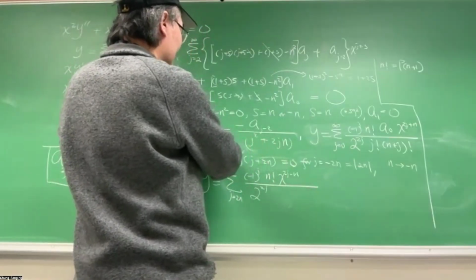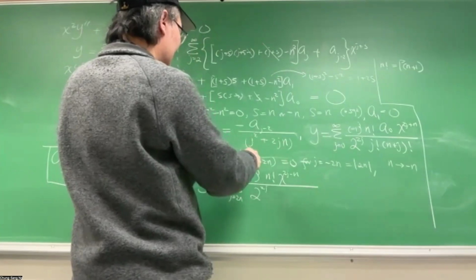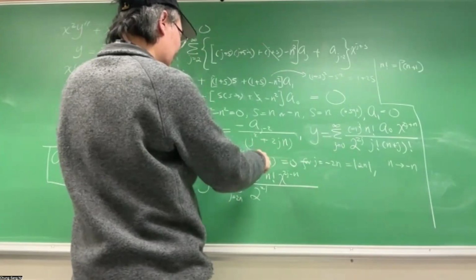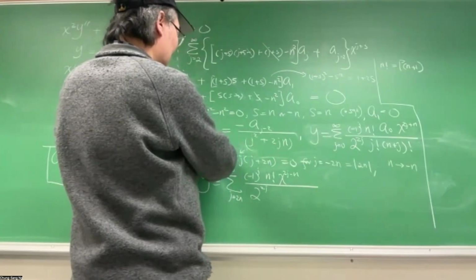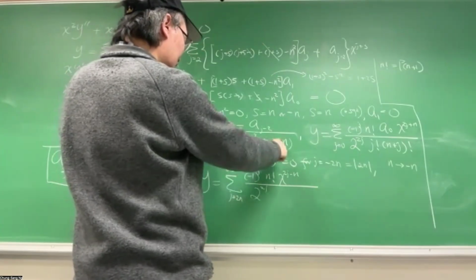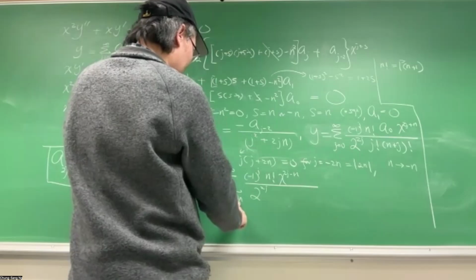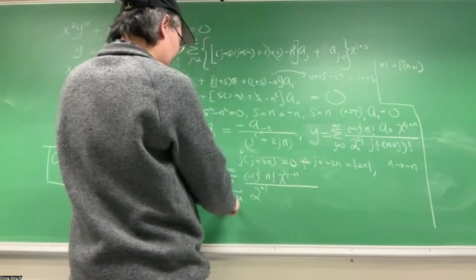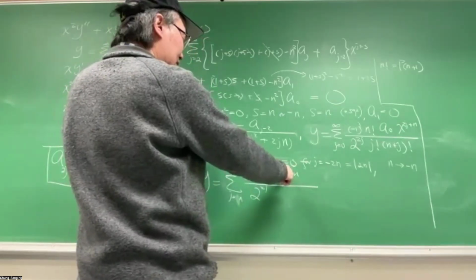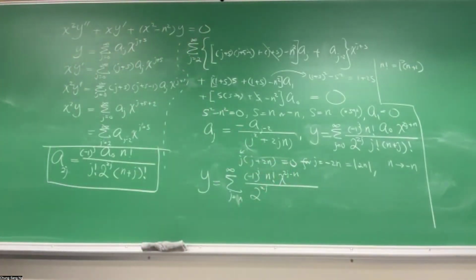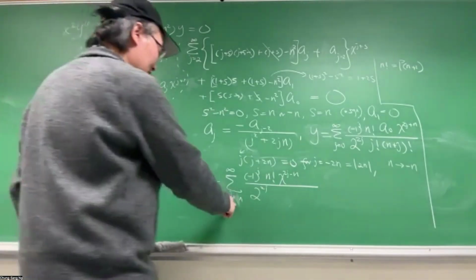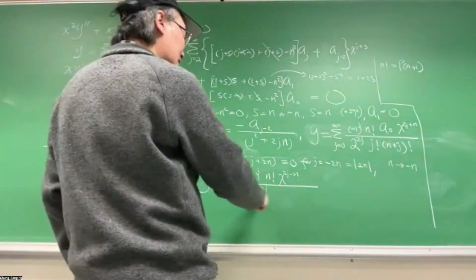This is still a_j. This j starts from 2n, so it actually starts from n, because I multiply this by 2, so the n will give you 2. The old one is minus 2n, this is just n.